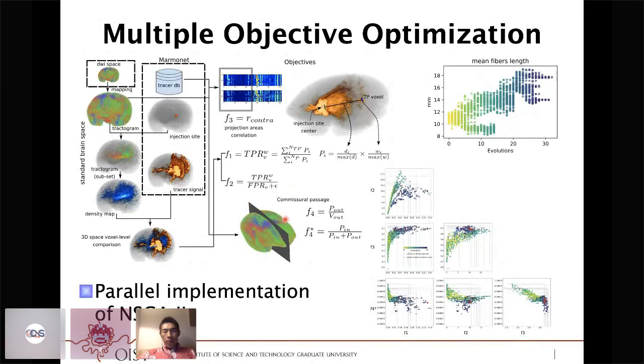And then by applying this multi-objective optimization algorithm, we could see these objectives improve over generations, and also the average fiber length became longer by the optimization.